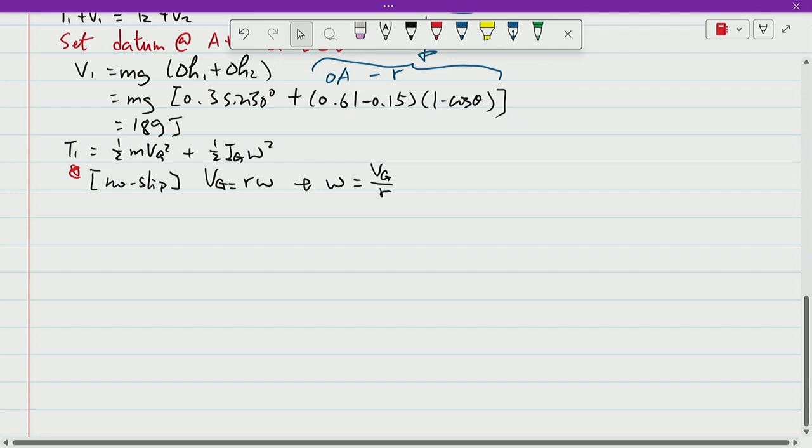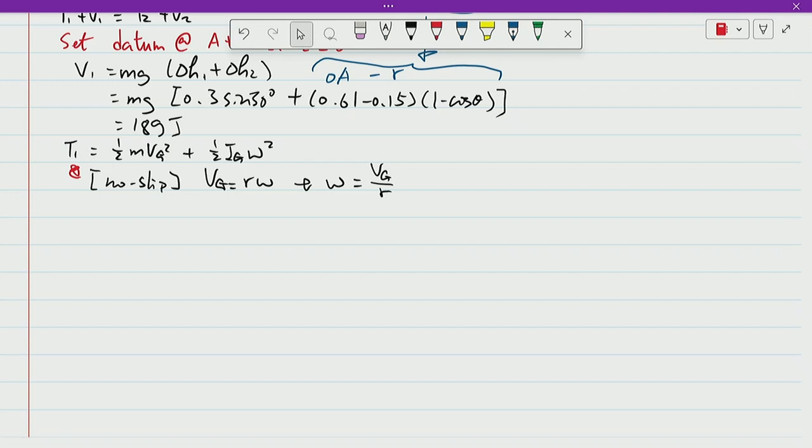A good way to visualize it is, let's say you have something spinning with respect to its gravitational center at, say, 5,000 RPM, rounds per minute. At the gravitational center, there's no velocity, but if it's spinning at 5,000 RPM, there's kinetic energy. So the Ig omega squared, or half Ig omega squared, allows us to represent that equivalent of angular kinetic energy.